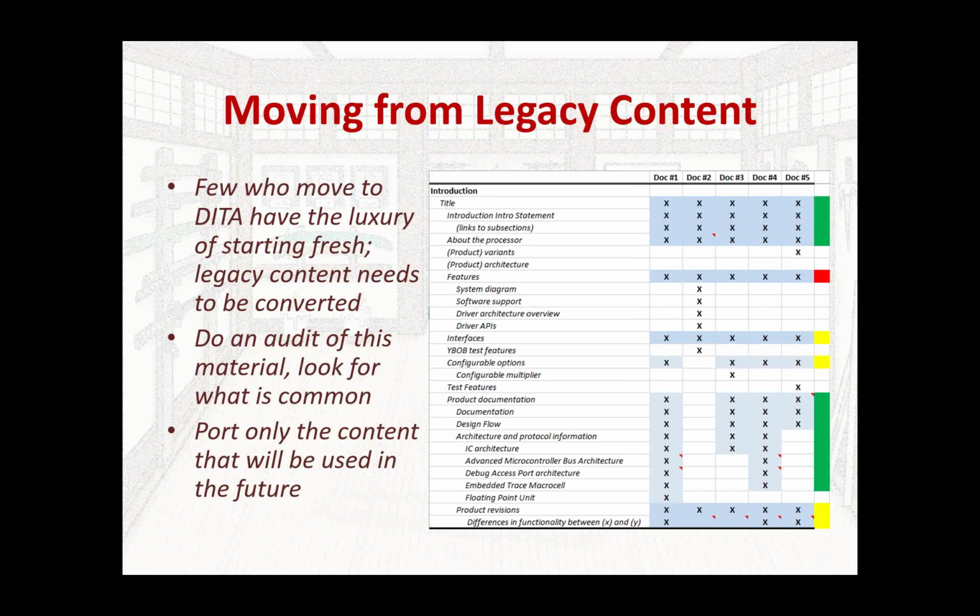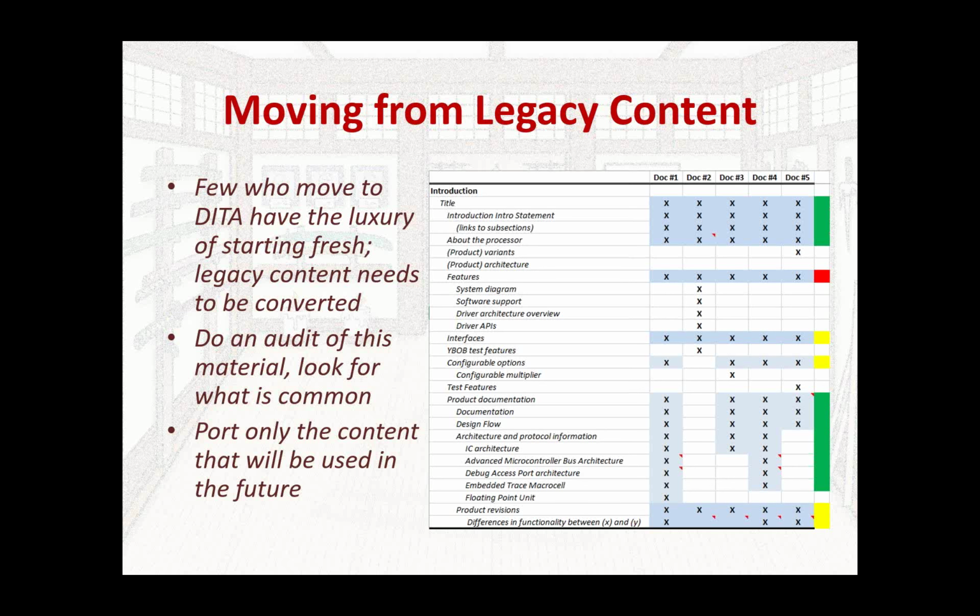So then I would go back to the writers of these documents and ask them, does it make sense to have these features in all documents, or is this really just specific to this one document? And you're just seeing one portion. This is just the introduction portion for what was typically a roughly 200-page document when outputted.